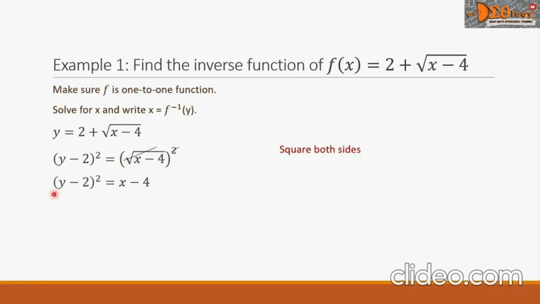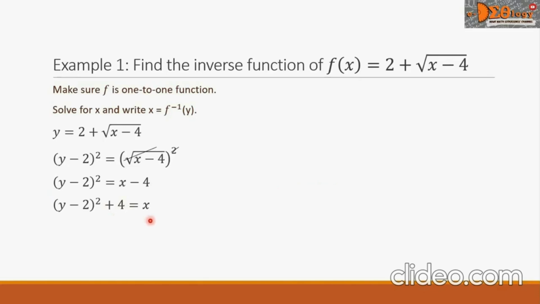Of course, the left side is the square of y minus 2. Again, we want to isolate the x. We will transpose the negative 4 to the other side, so the sign will change. Now it is positive 4 on the left side, and we can see that the right side is x alone.